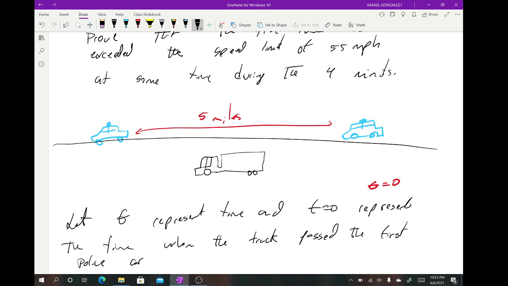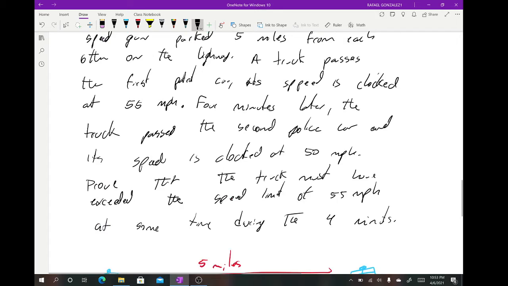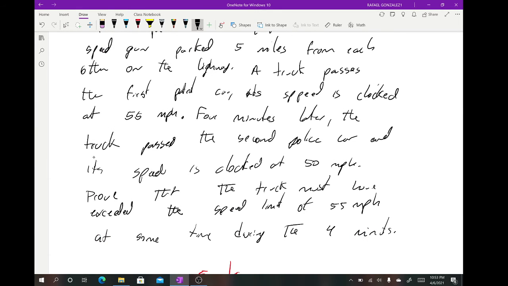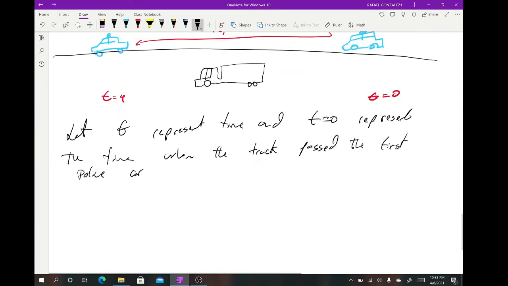That means that 4 minutes later, when t is equal to 4, the truck is going to pass the second police car. This is what was given in the problem. 4 minutes later, the truck passed the second police car.